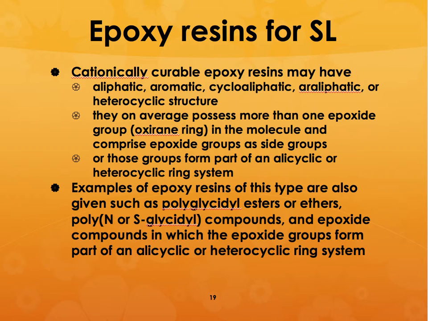So you add the epoxy resins. It can also be polyglycidyl ester or ethers or epoxide compounds in which the epoxide groups form part of an alicyclic or a heterocyclic ring system, and they would join with the acrylate type of resin systems to create the polymer chain.